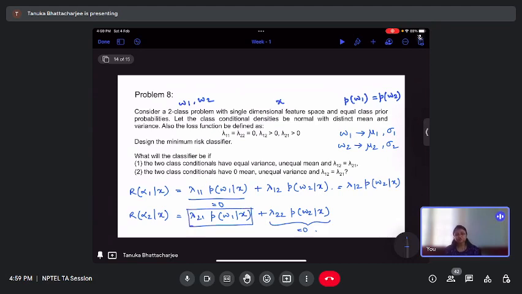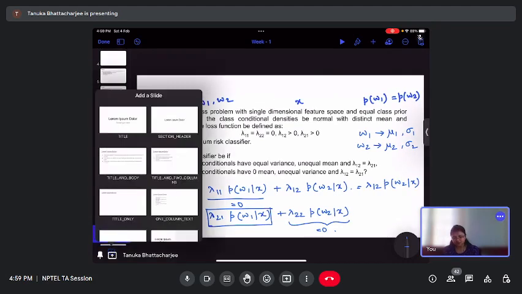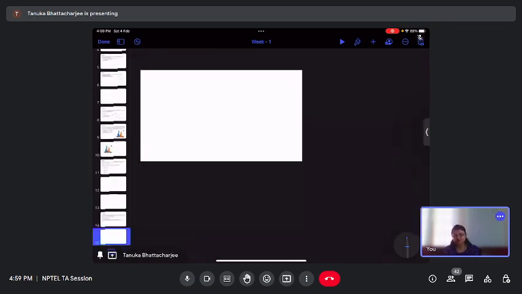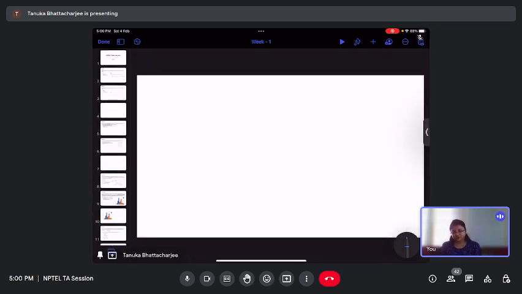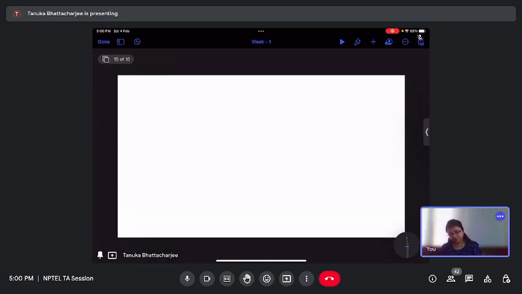Now, we need to design the classifier. You have both the risk values. So, according to the theory we know, we will assign the feature vector x to class omega 1, that is we will take the action alpha 1, if the risk of taking the action alpha 1 given x is less than the risk of taking the action alpha 2 given x.